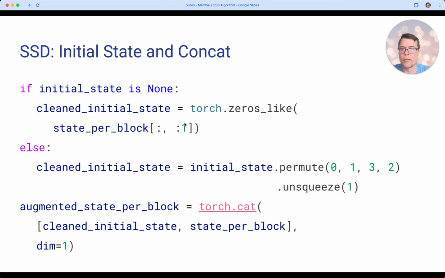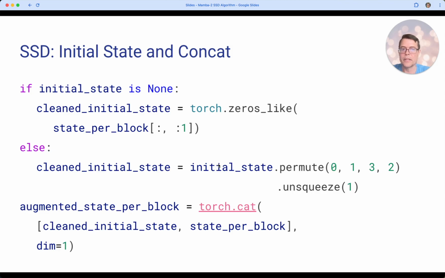Basically, it's length 1. So the state per block has the whole sequence of states within the block. So we want one that's 1 long, not n long. So that's if we don't have any state.